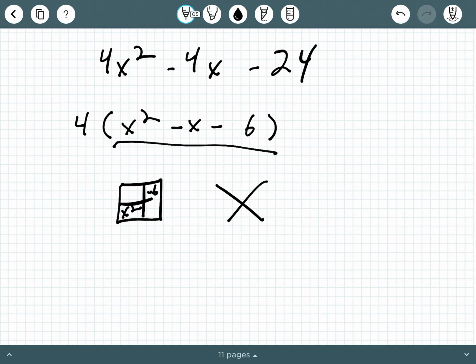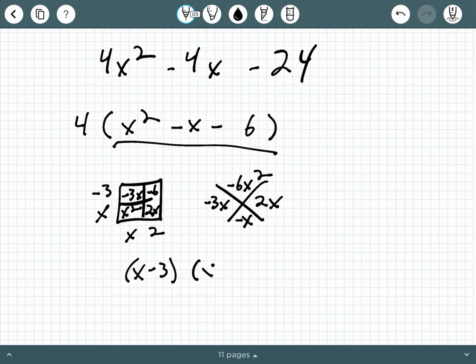So I'll be looking for something that multiplies to negative 6x squared and adds to negative x. That looks like it'll be negative 3x and positive 2x. So I fill those in and then take out my greatest common factors. I'll see that I have x minus 3 multiplied by x plus 2.